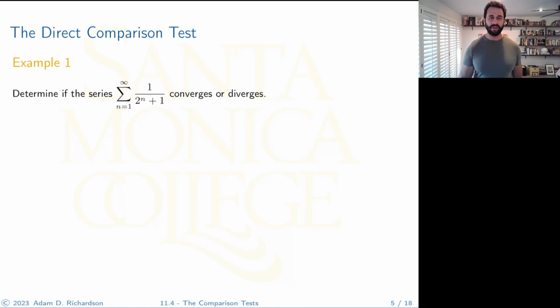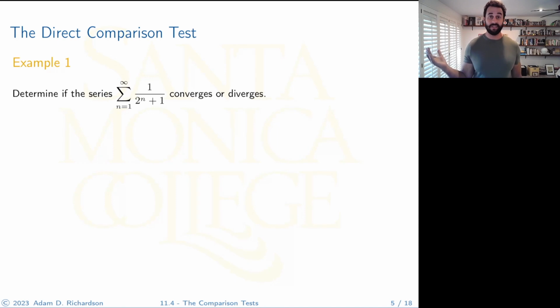And that +1 really shouldn't affect that much because as n gets really big, this is going to be the dominating term. So this is really what's dominating the terms of this series, and the +1 is just a little tack on to each one of those terms. So I suspect that this series will converge.